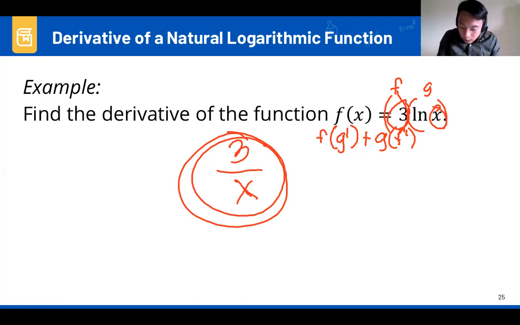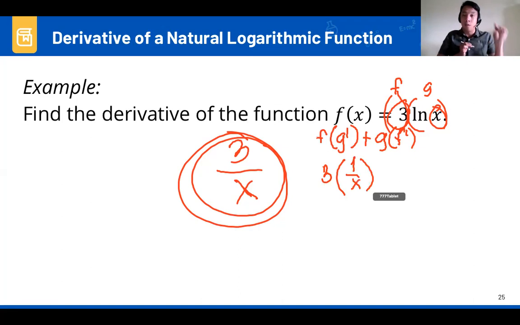We have f, which is 3, and the derivative of g, where g is ln x, is 1 over x. Correct me if I'm wrong, just comment below, but as far as I know this is correct. Plus, I copy g, which is ln x, multiplied by the derivative of f.